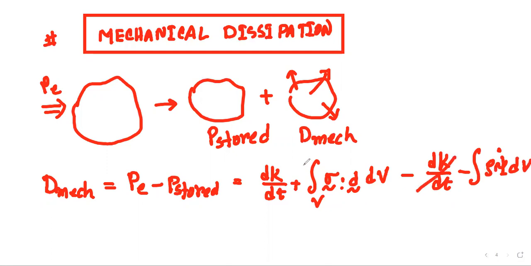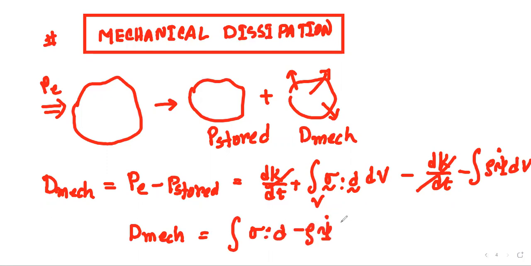The dK/dt terms cancel out. So D_mech is equal to sigma contracted with D minus rho psi dot.